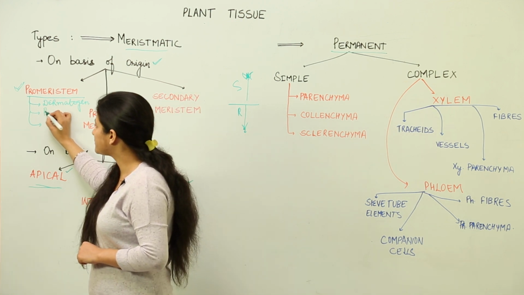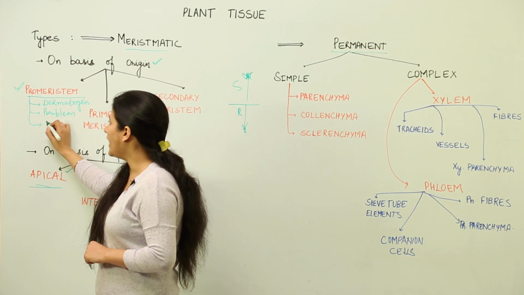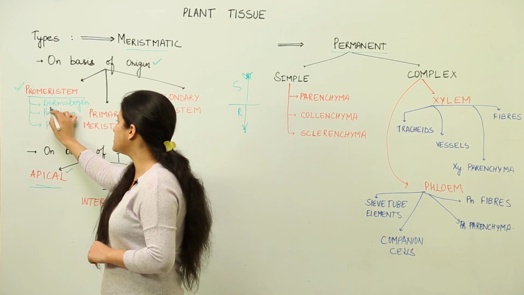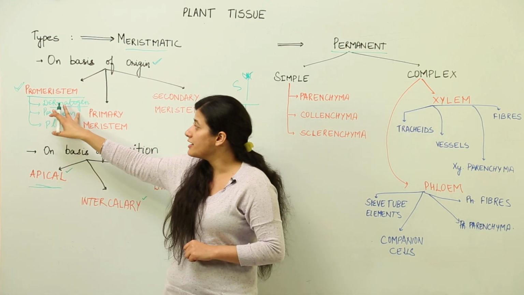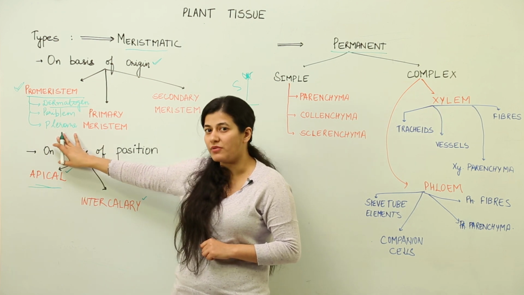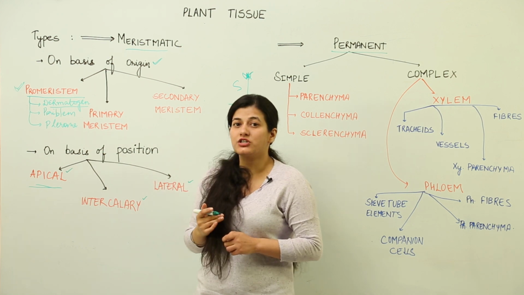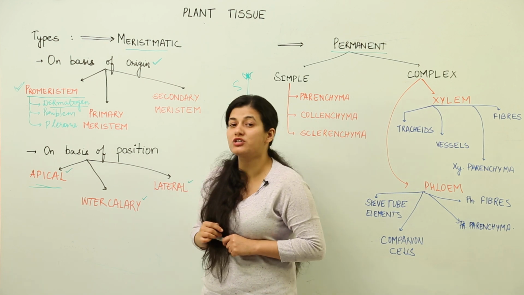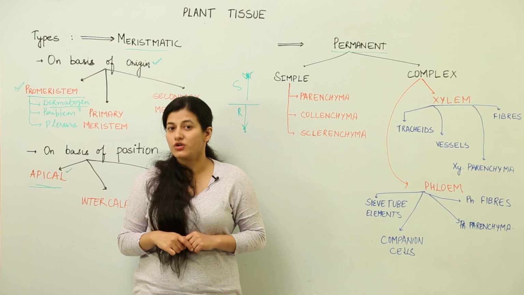Then comes periblem and then comes plerome. Dermatogen, once the skin has been formed in the apex from the promeristem, periblem would form the cortex and plerome would form the procambium, from where the vascular tissue would originate. Vascular tissue, you must remember, it is the xylem and the phloem in plant which is responsible for carrying out the activity of conduction and transport of sap.